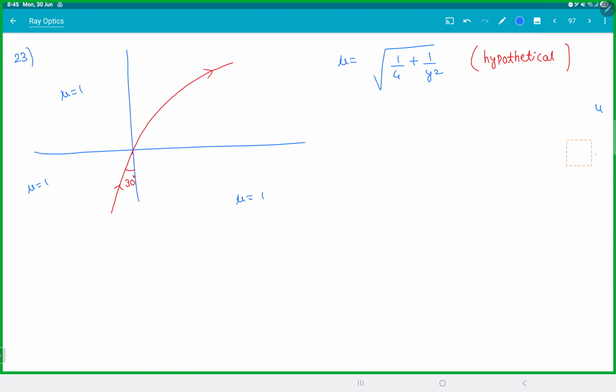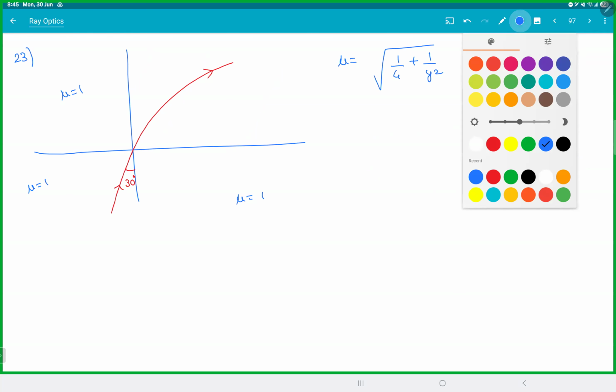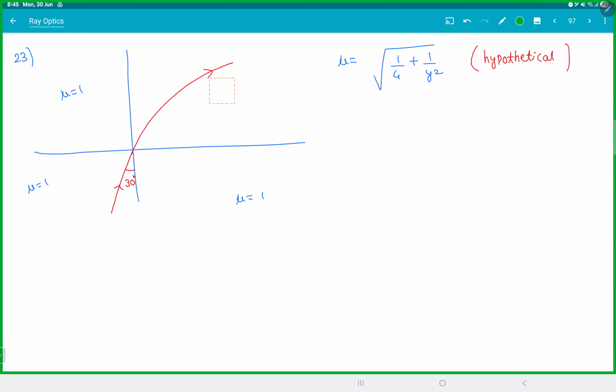Mu normal is in the direction of y. So this would be the normal here. Now for this curve here, if I draw a tangent, this is the tangent to the path of the ray.